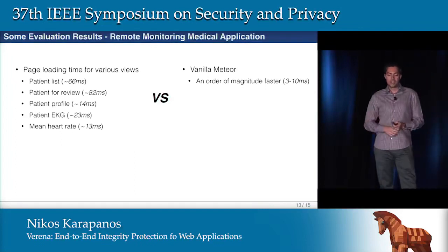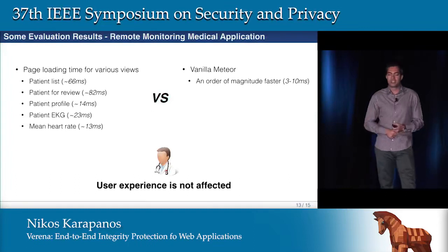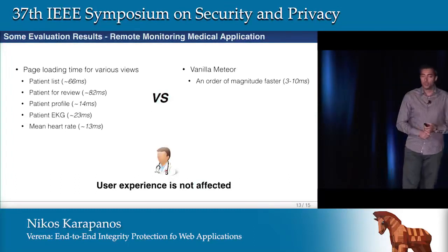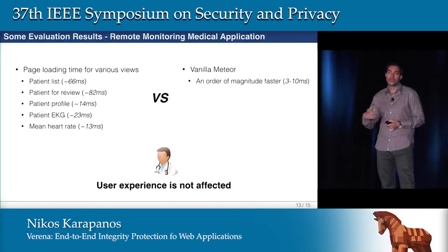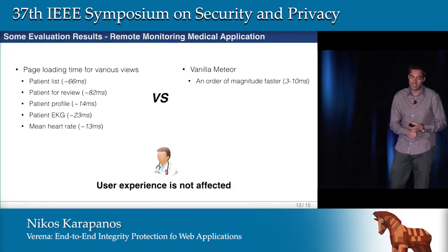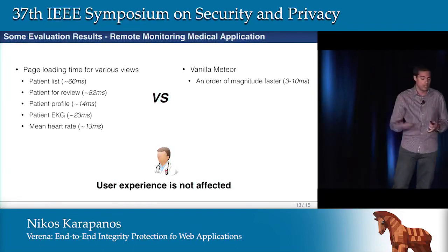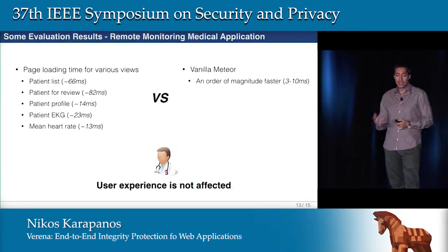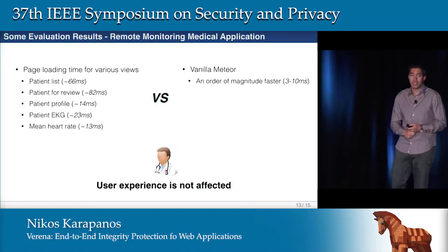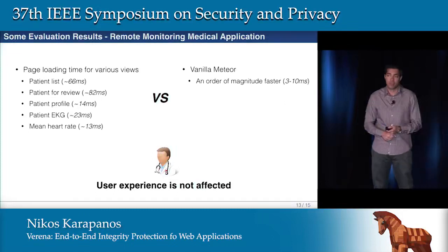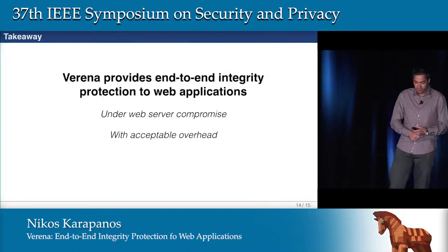But the important thing to notice is that even with these timings, the user experience should not be affected. The doctors would not experience something different in their browsing behavior. We also did some other measurements, and feel free to read the paper for more results.